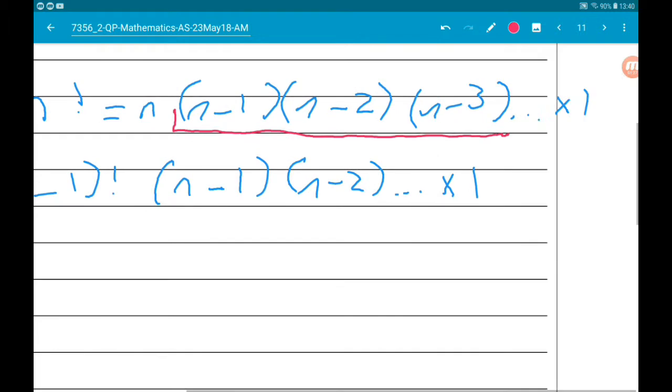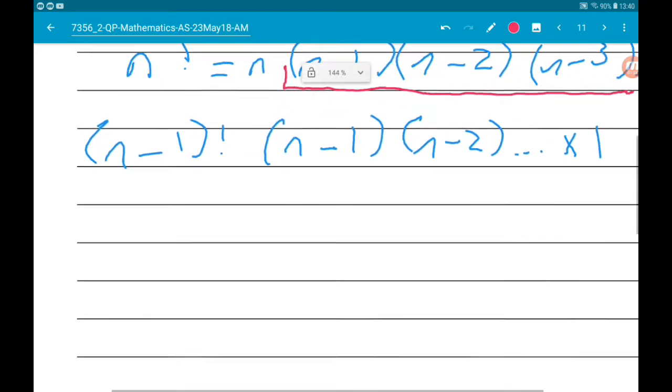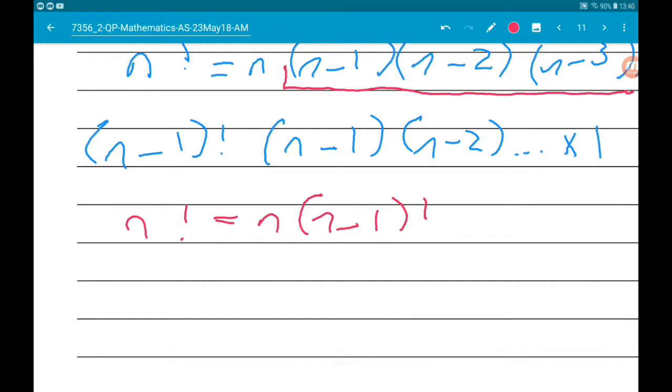So all of this here is n minus 1 factorial. So we could say that n factorial is n times n minus 1 factorial.